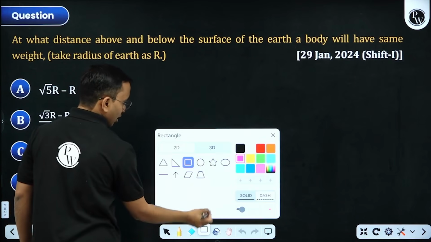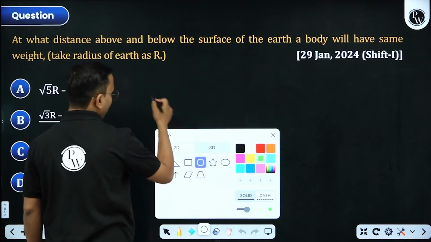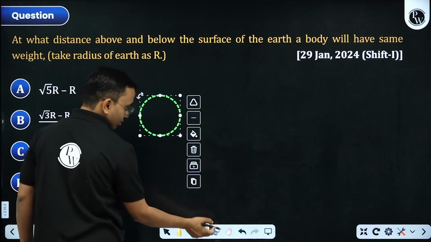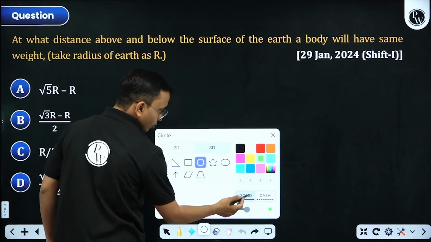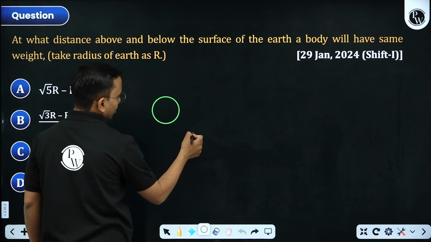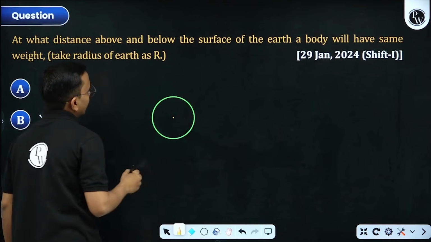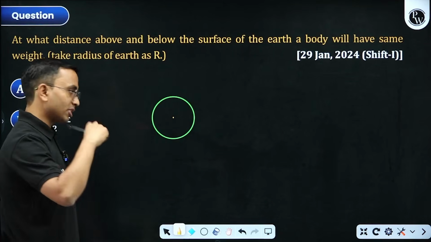Above and below. What distance above and below? So this is Earth, not a dotted one, needs solid. So this is Earth. So he is saying same distance above and same distance below.